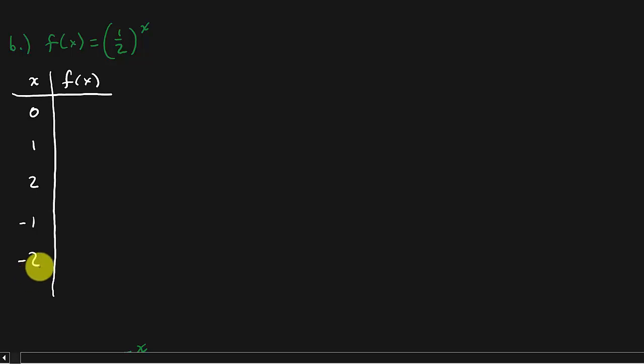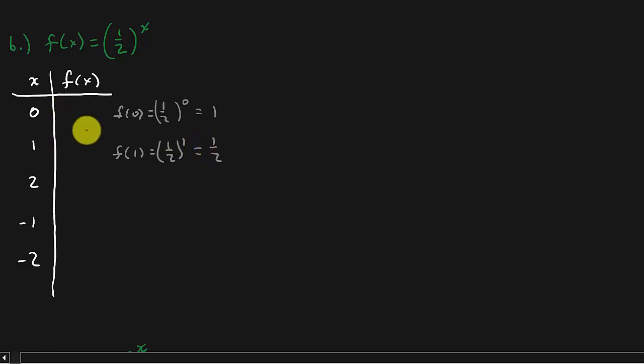Okay, this is what I'm going to choose every time. All right. So f(0) is (1/2)^0, which equals 1. Anything raised to the 0 is 1. f(1) is (1/2)^1, which is 1/2.